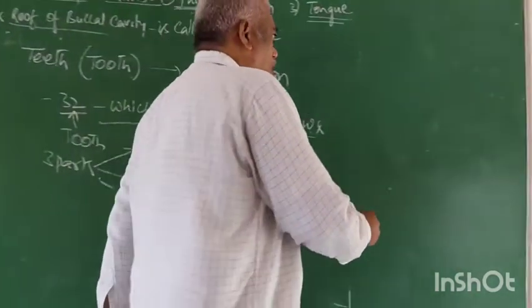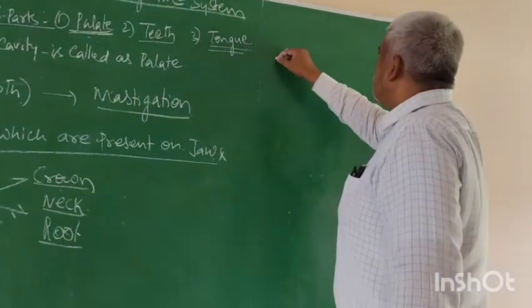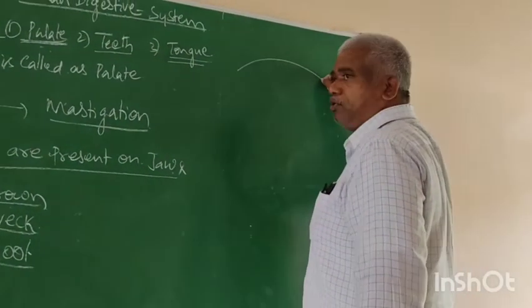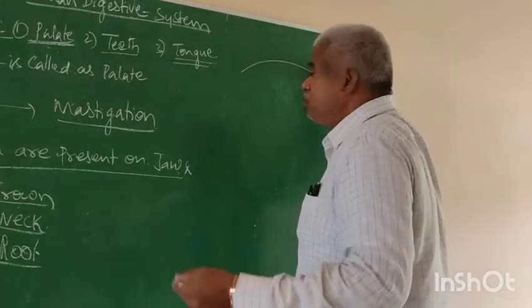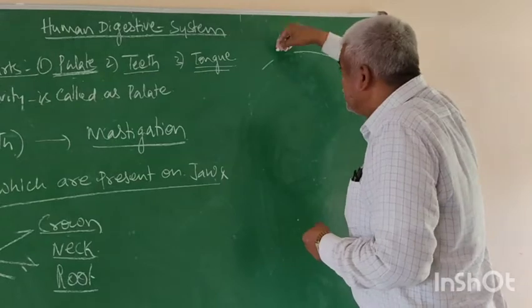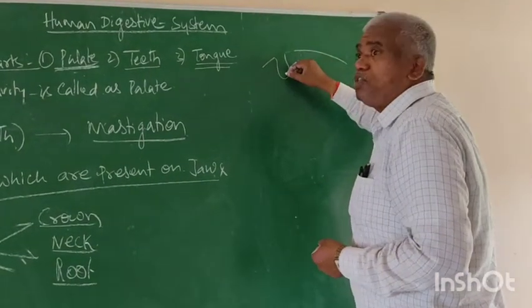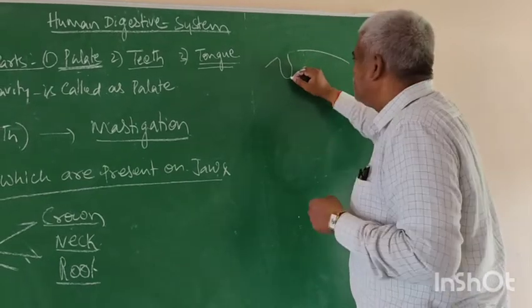Suppose this is the jaw. When you are in the mother's womb, the jaw undergoes invagination, that is inward growth, not outward growth, and forms the jaw socket.